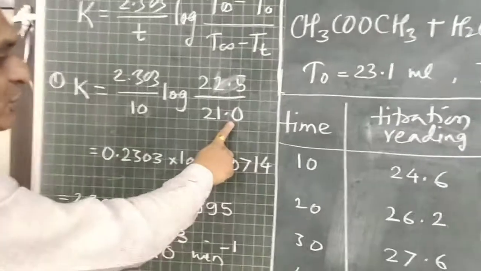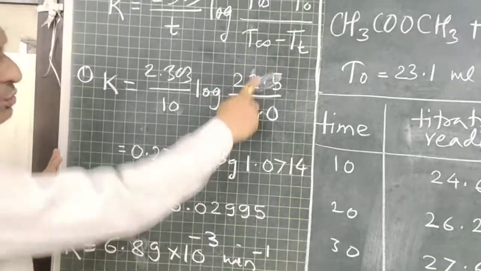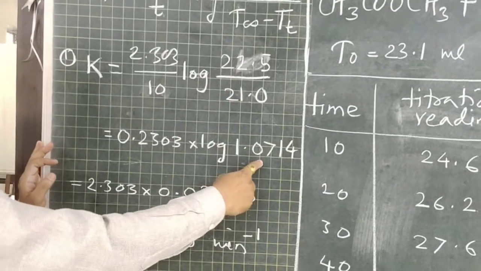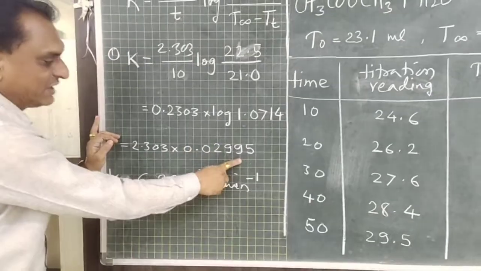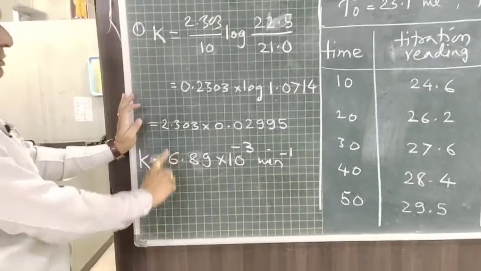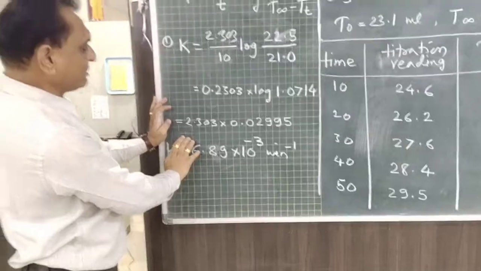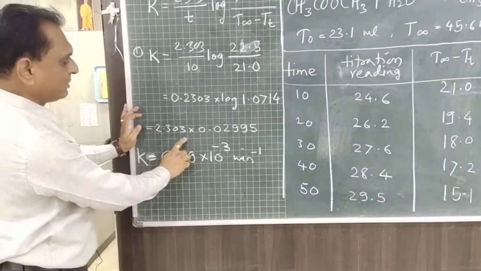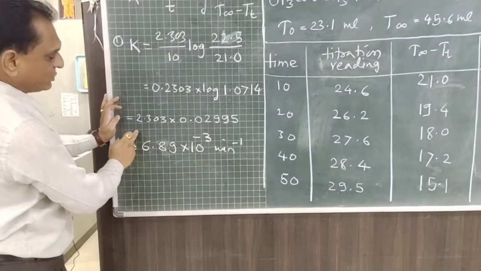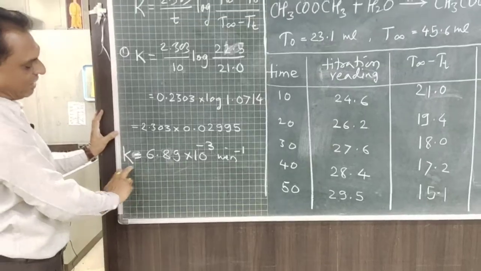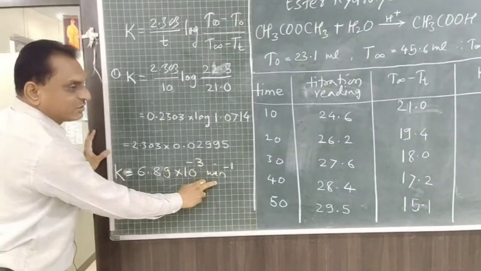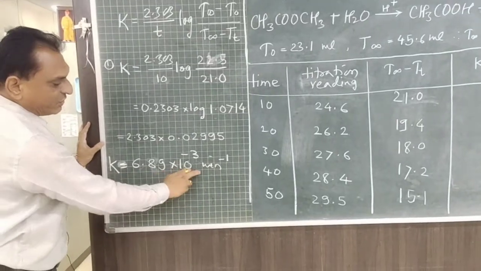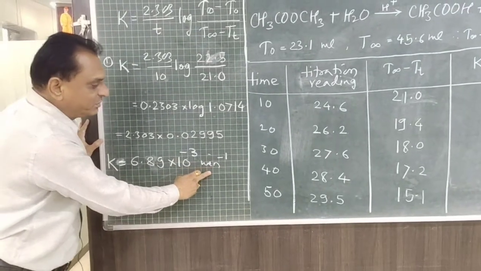So you have to take the ratio of these two terms, which is equal to 1.0714. We have to take the log of it and multiply by 2.303. So we have here the calculation, and the calculation of K comes to 6.89 into 10 raised to minus 3. So this is the rate constant for the first order reaction, in terms of minute inverse.